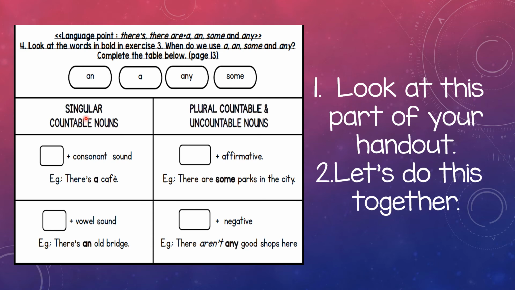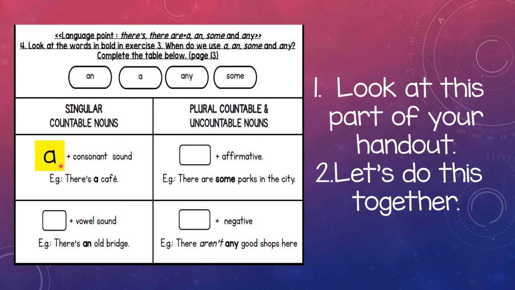Okay, so blank plus consonant sound. Do you still remember what consonant? I taught you this last year. Consonant sounds: b, k, d, f, k. So we use a.